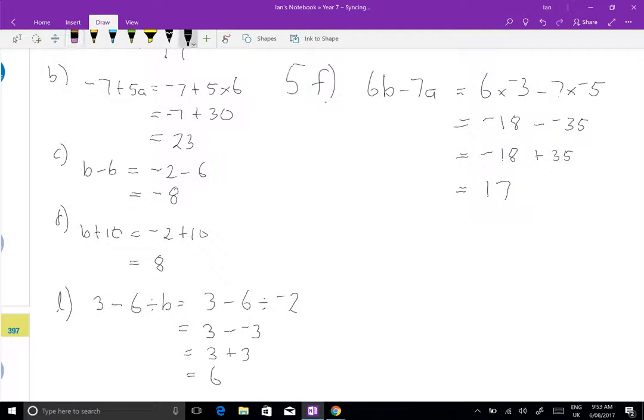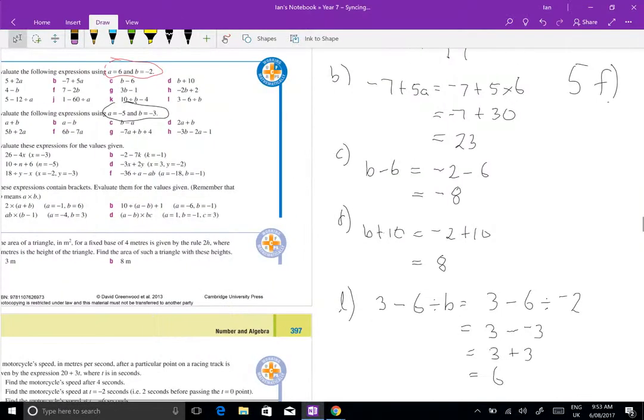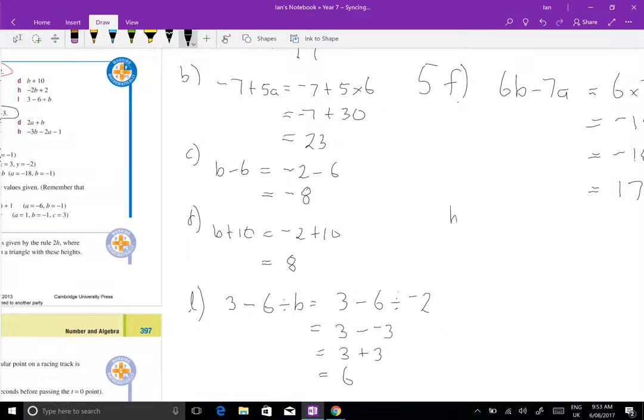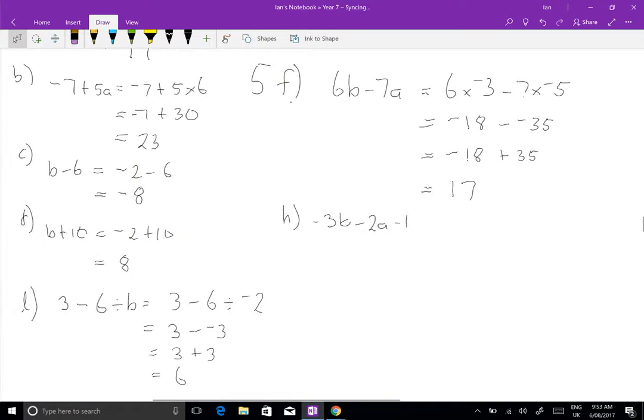So I'm doing 5. And I'm going to have a go at 5H. And 5H is -3B minus 2A minus 1. Now remember, I'm letting B equal -3. So -3 times -3 minus 2, and A is -5. I'm substituting A as -5 times -5 minus 1.